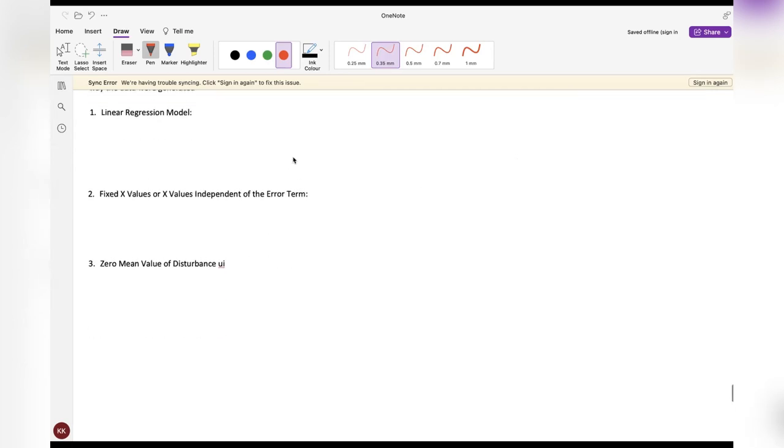So the first property that we have is a linear regression model, which means that our population regression function is linear in parameters. So we had yi is equal to beta naught plus beta 1 xi plus ui, right?